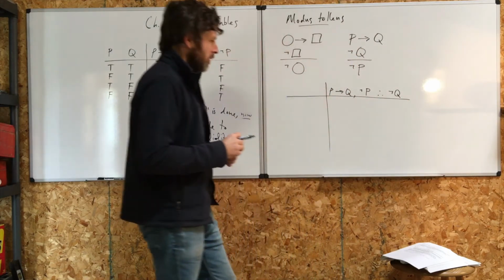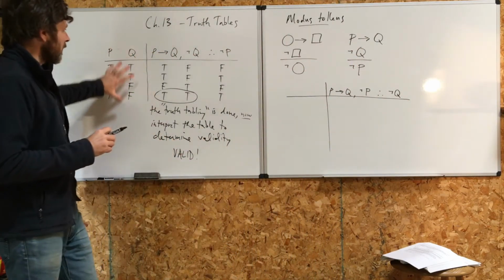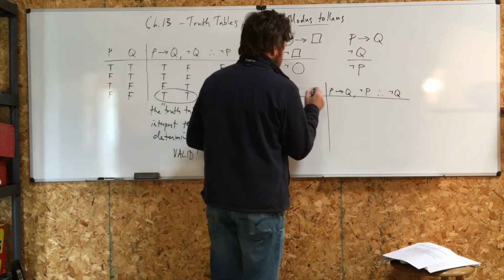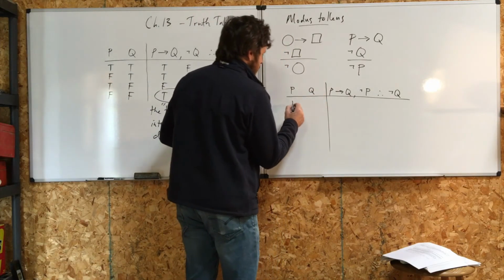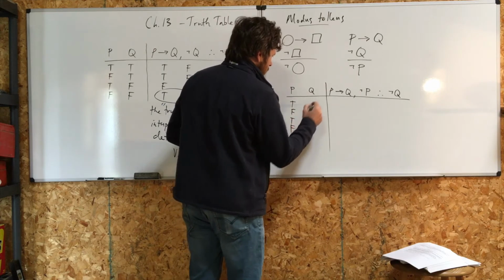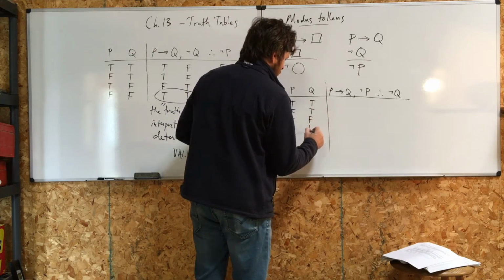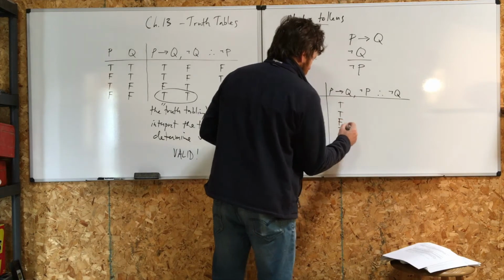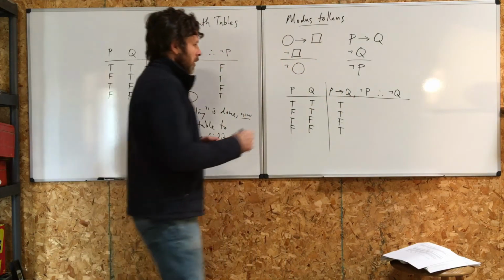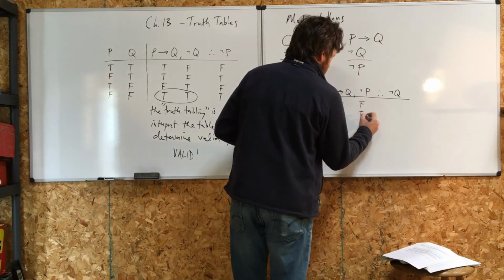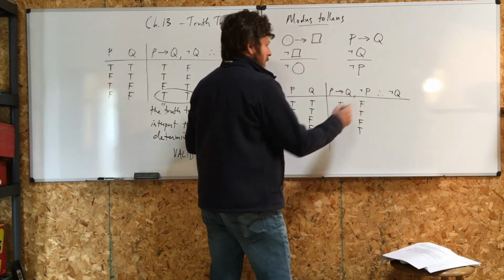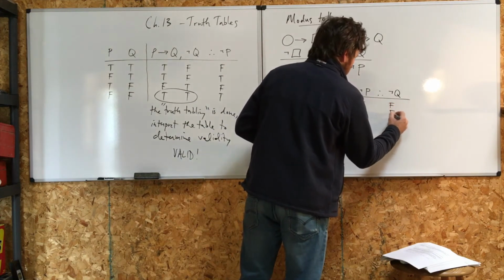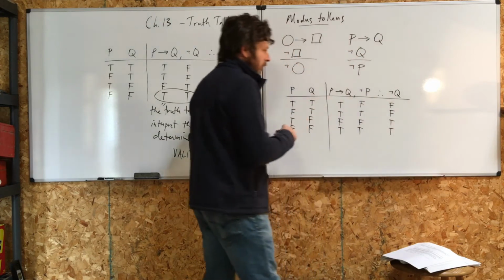this argument for validity. The left-hand side is going to look exactly the same because you still just have two letters, P and Q. All right, P arrow Q. There we go. That's done. Not P, FT, FT. Not Q, F, F, T, T. I'm going to pause for a second.